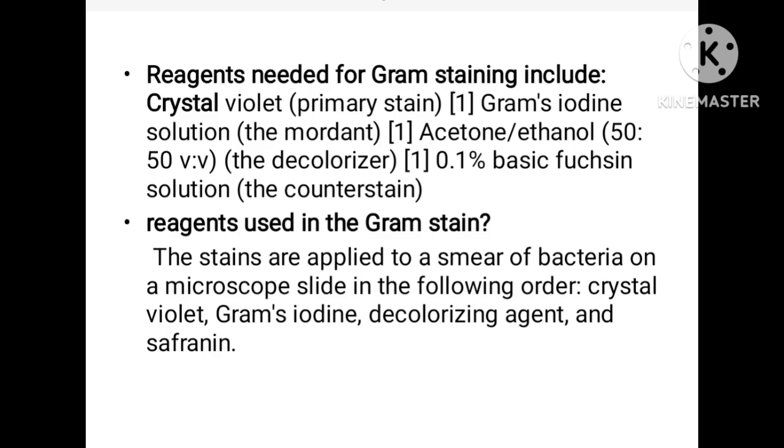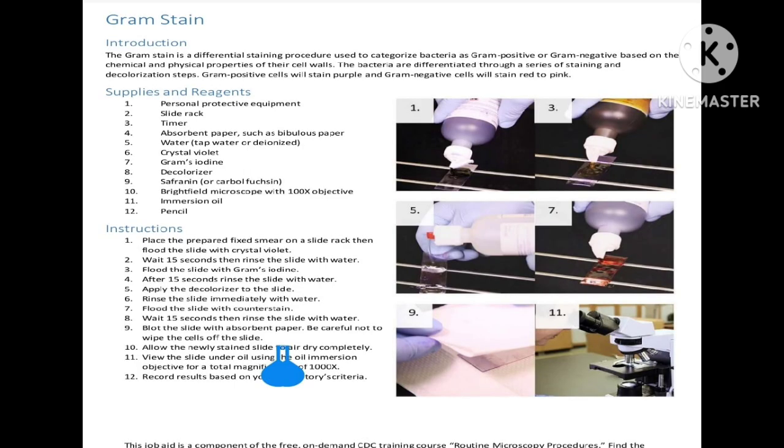The bacteria are differentiated through a series of staining and decolorization steps. Gram positive cells will stain purple and gram negative cells will stain red to pink.